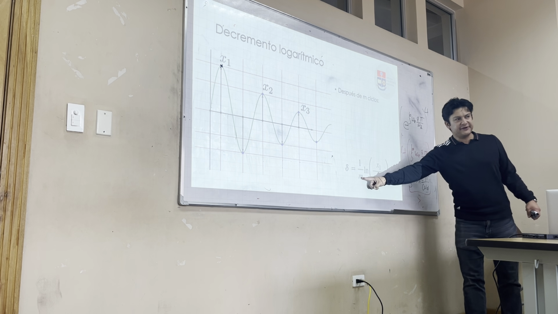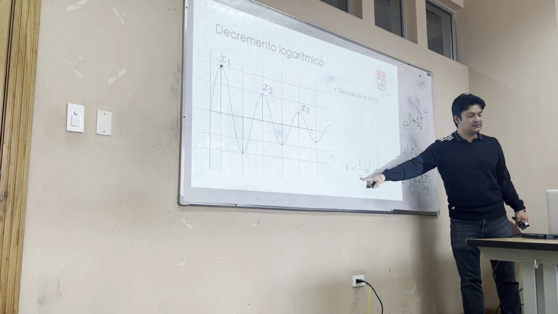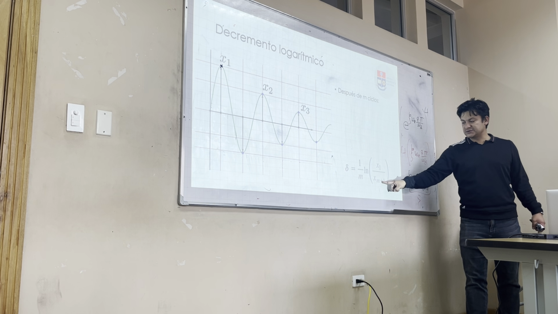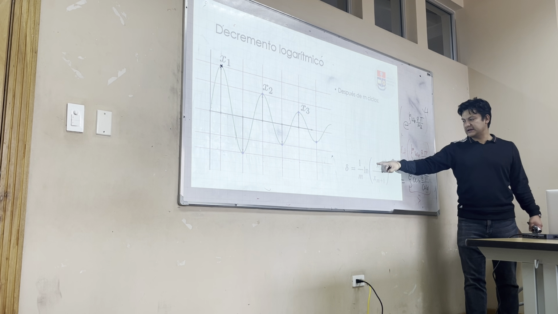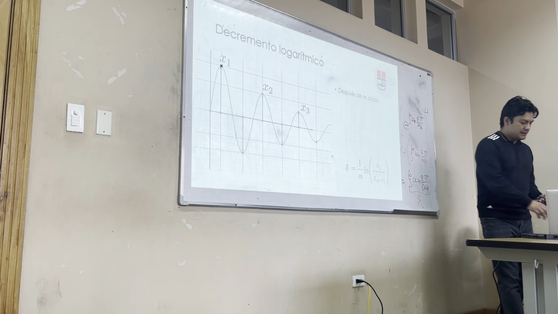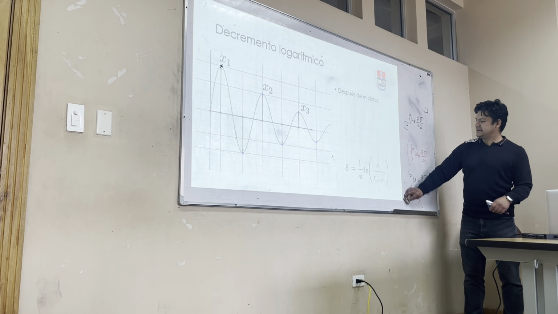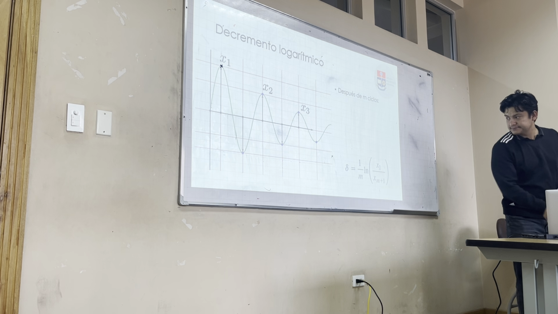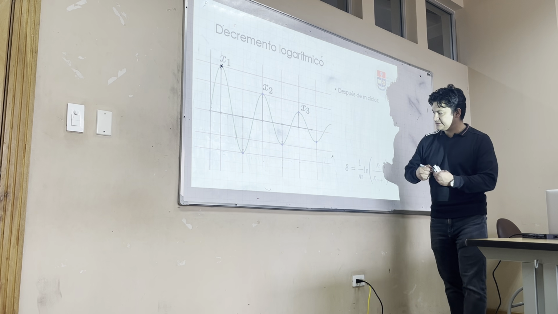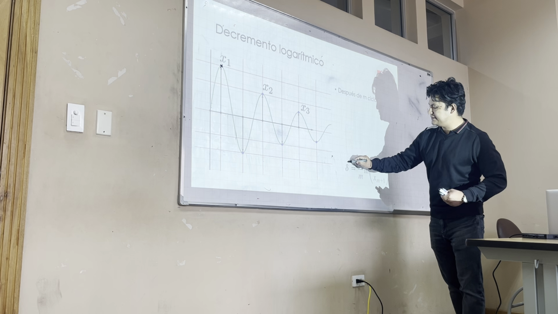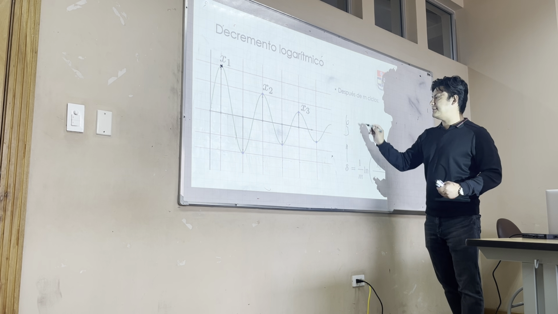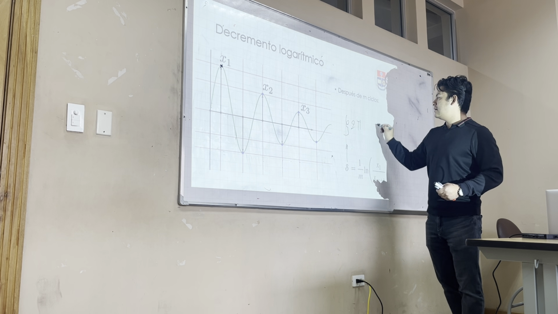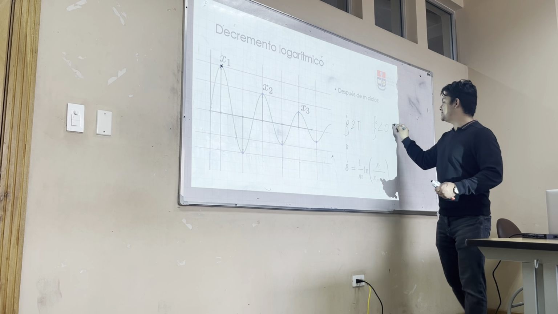M is the number of periods, in that case 4, right? And here is 4 plus 1, 5. x1 over x5. So this is easy, isn't it? And the same argument: this is equivalent to this parameter times 2 pi, when this is lower than 0.1.